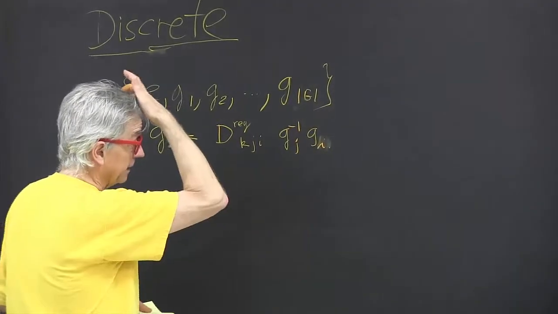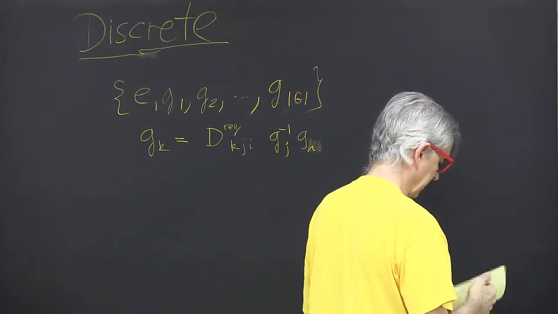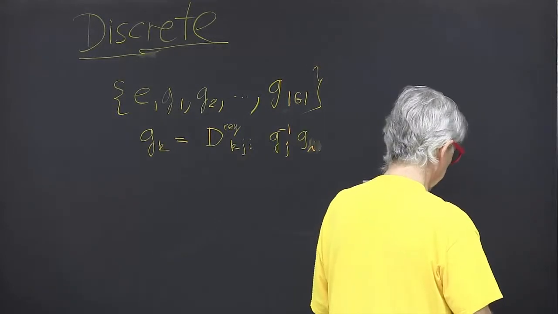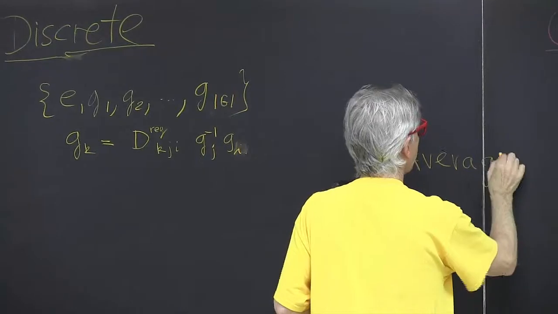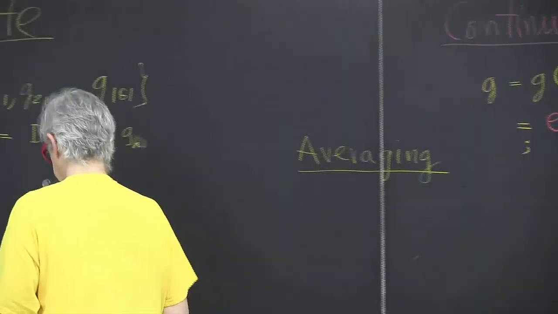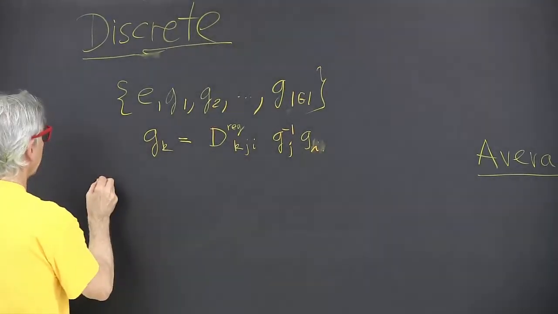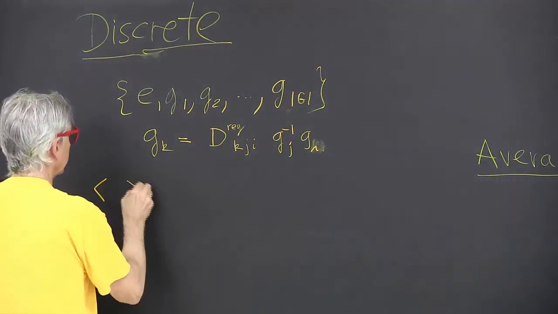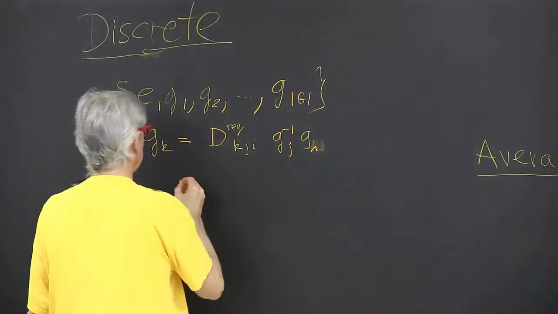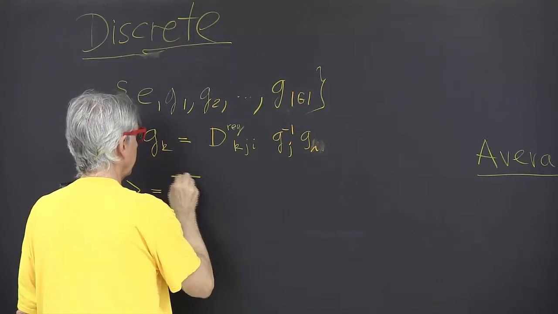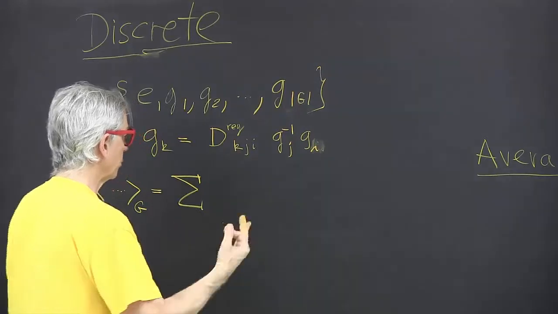Then the key idea in both cases, and as you'll see they're really the same, is the notion of averaging. So the average over the group is defined as taking some object that the group acts on.